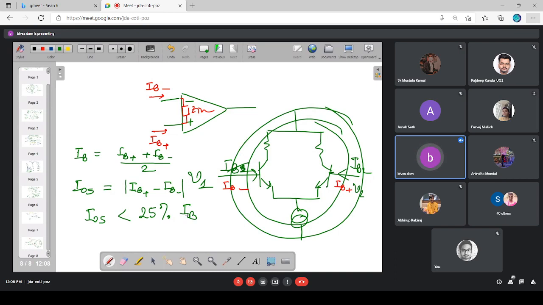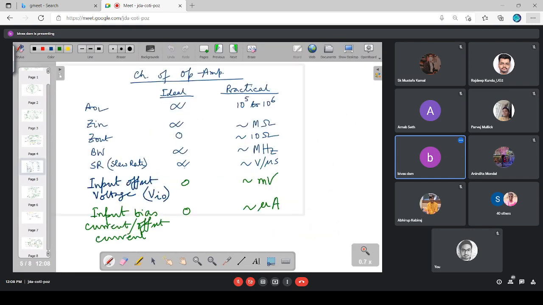That means if you go for any data sheet of an operation amplifier, you will find that the IOS value is typically less than 25% of the typical values of IB. So that's the difference between the input bias current and the input offset current. By definition, input offset current is the difference between IB plus and IB minus, and input bias current is by definition the average of IB plus and IB minus.